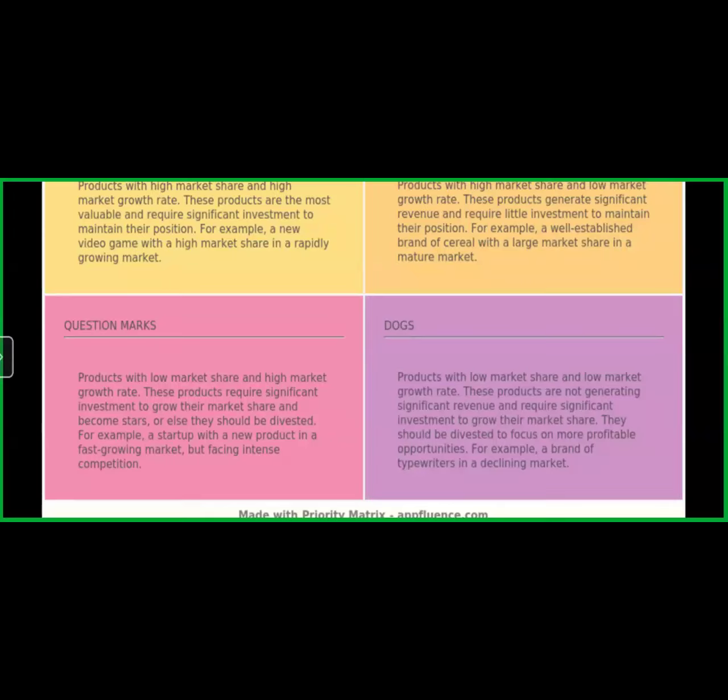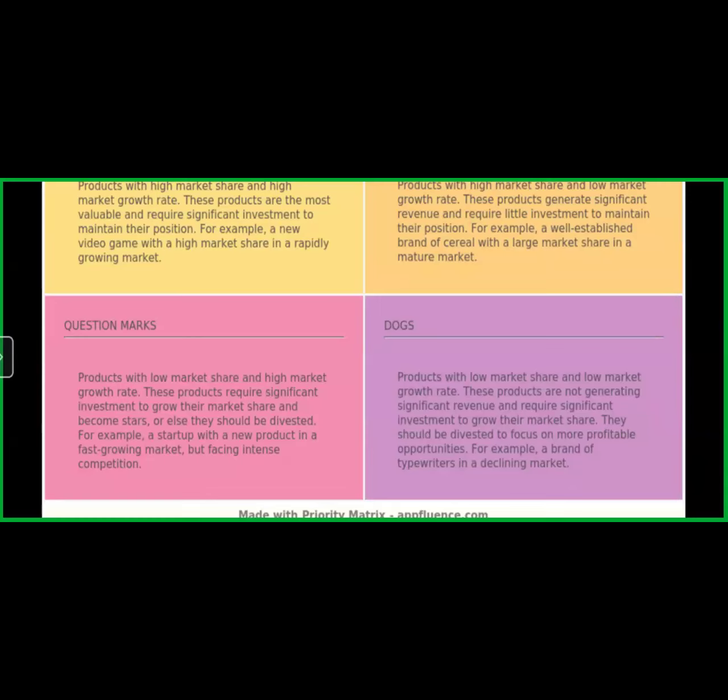So that type is kept under the category where the growth and the market share are also less, and the company is aware that the share of this particular market is not going to increase.